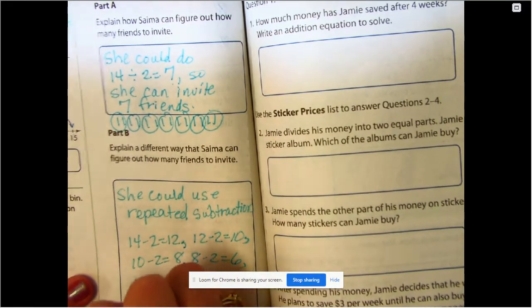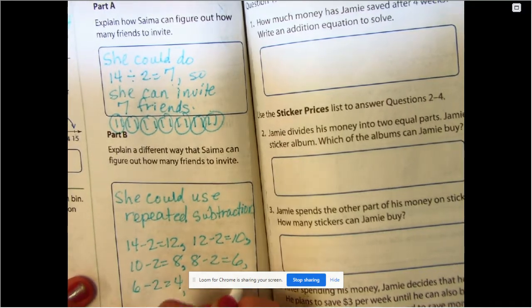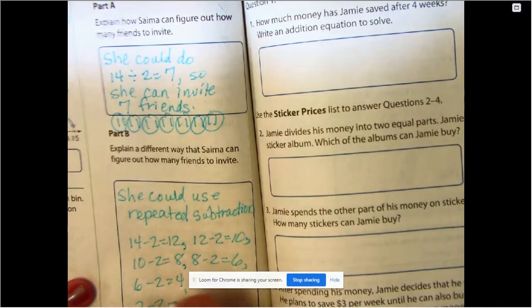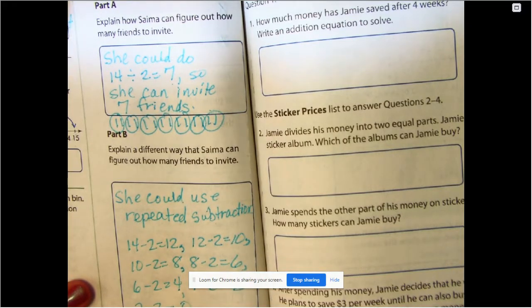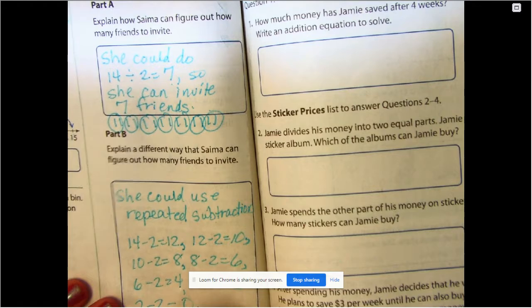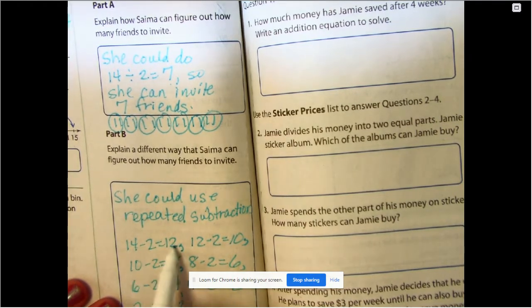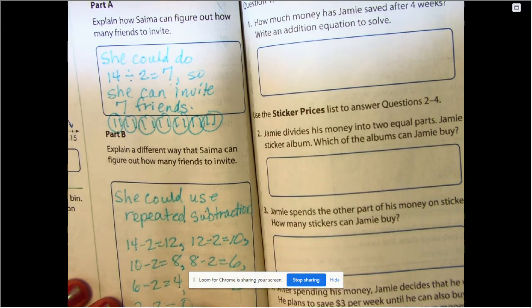6 minus 2 equals 4. 4 minus 2 equals 2. 2 minus 2 equals 0. She subtracted 1, 2, 3, 4, 5, 6, 7 times.